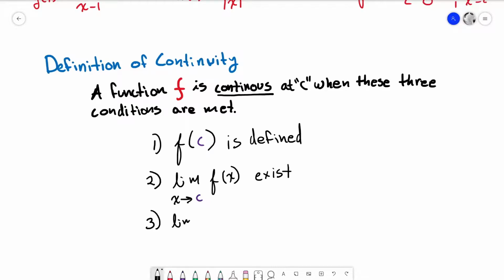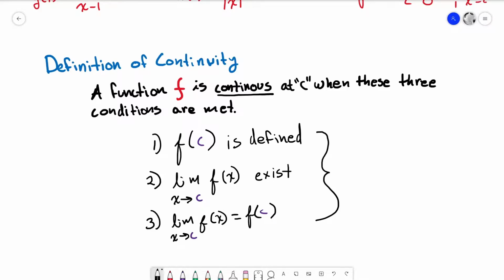The limit as x approaches this value c of f of x has to equal the function evaluated at c. So if these three conditions are met, then we can say that the function is continuous.